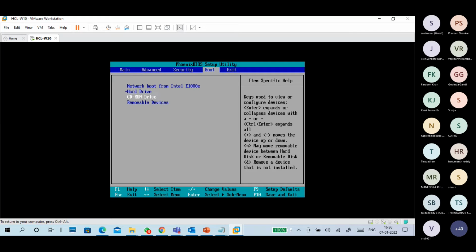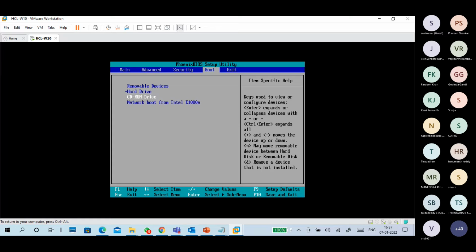You can change the boot priority by pressing plus and minus. See, like this. Now boot priority is CD-ROM. Now boot priority is hard disk. Boot priority is removable drive. Like, if I want to load the operating system from the pen drive, first put the removable drive as the starting one. Next one is hard disk.